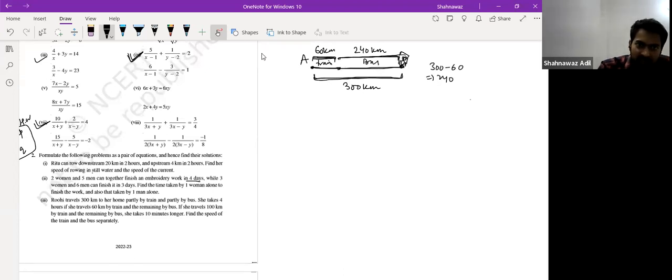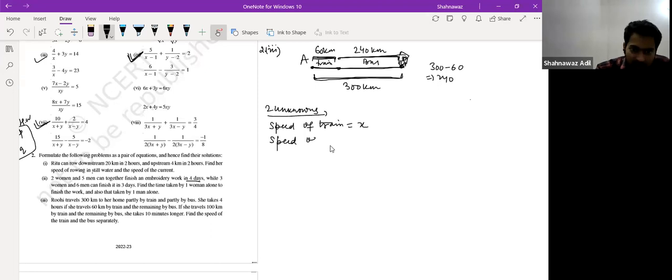So what are the two unknowns here? Train and bus. So speed of train, let's say X, and speed of bus, Y. Now for 60 kilometer she travels by train.